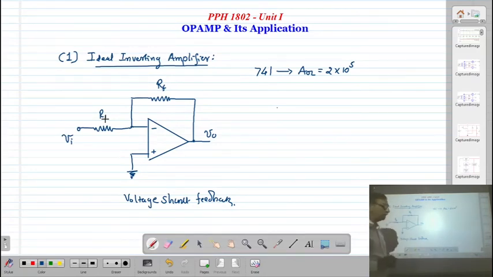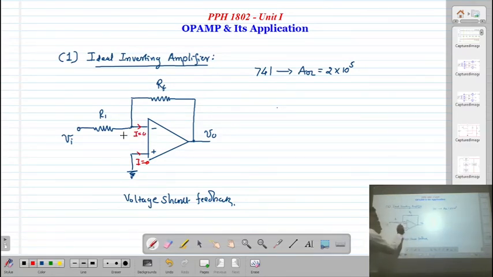Now we will find out what is the gain of this inverting amplifier. Okay? So here we use the concept of a virtual ground. So virtual ground means already you know that at the non-inverting terminal here this potential is 0. Okay? And secondly, the input resistance of the op-amp is infinite, meaning that whatever the current is flowing to this terminal is also 0 and the current flowing in this terminal is 0.